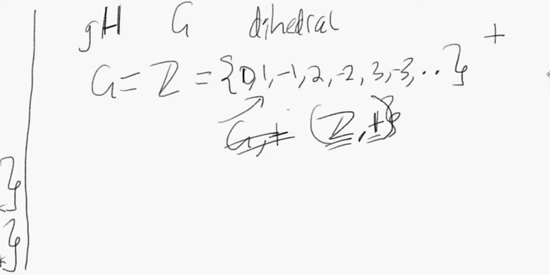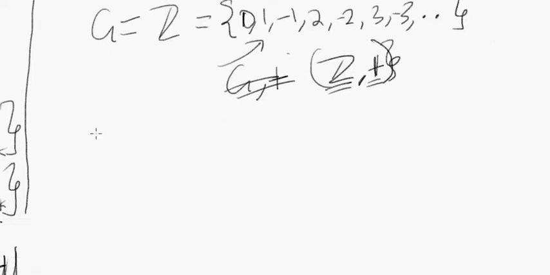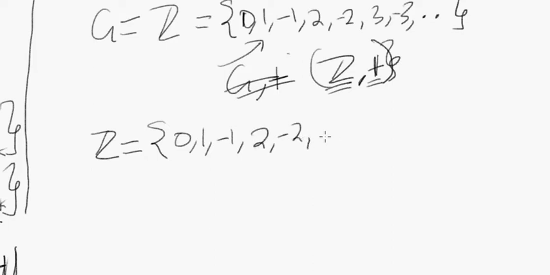Okay, let's try this. We have Z, the set of integers, and that can be verified to be a group under addition. So there we go. We have a set of integers right there.